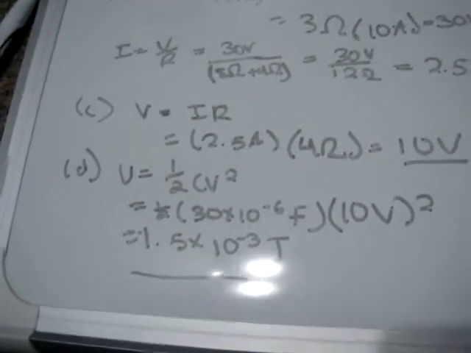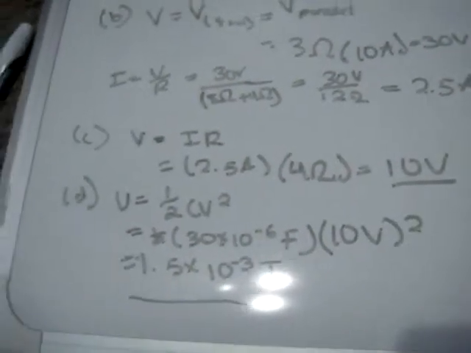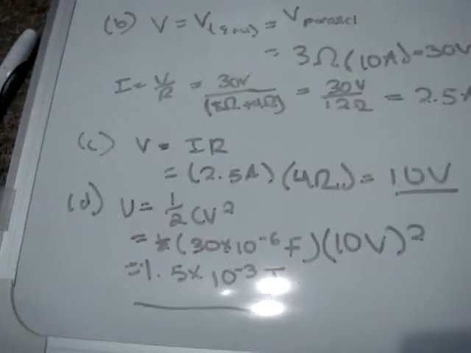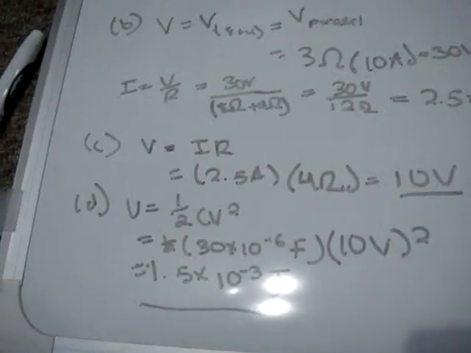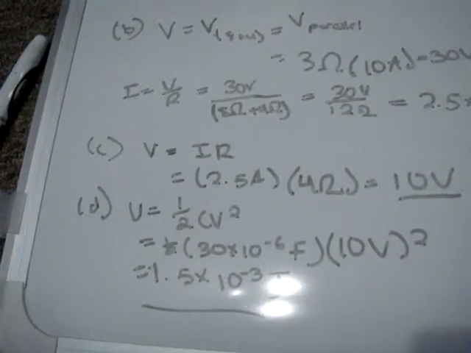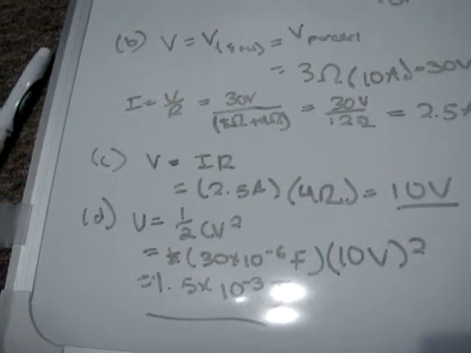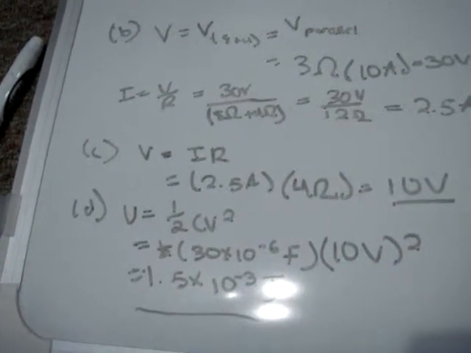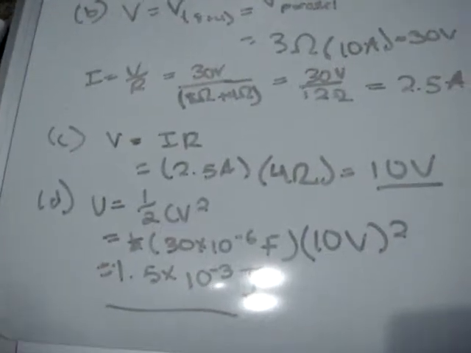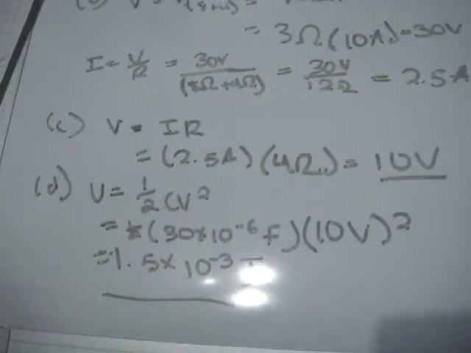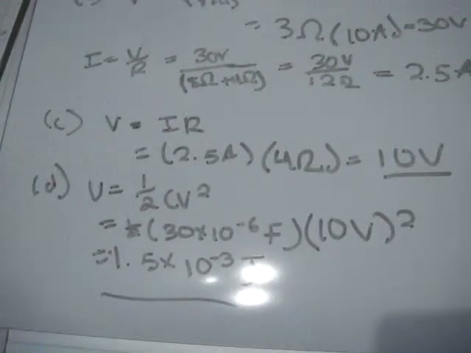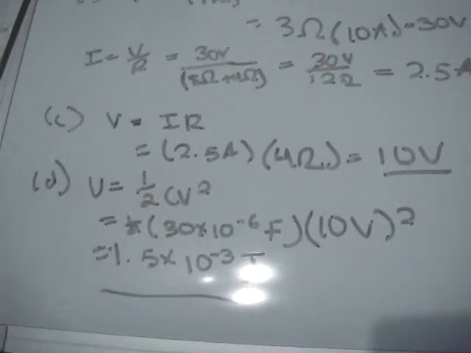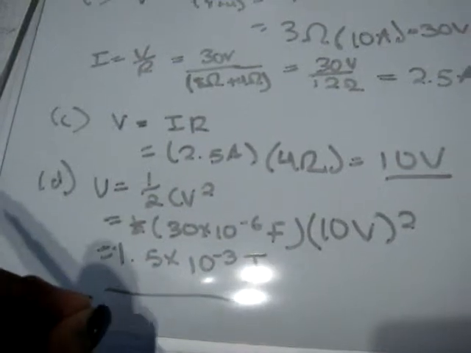Okay, now the last part says, at some instance, the connection at point P fails, and the current in the 9 ohm resistor becomes 0. E. Calculate the total amount of energy dissipated in the 8 ohm resistor after the connection fails. Okay, so now, because the resistance in the R has gone to 0, we can tell that the energy in the 8 ohm resistor is going to be a fraction of the total.